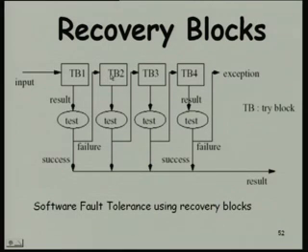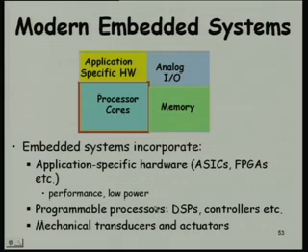So, possibly you can have a simpler algorithm here, or maybe you can sacrifice accuracy, and these use deliberately different algorithms. So, this is also another way to provide software fault tolerance, but again the same problem, correlation of the errors, and it is not very effective.